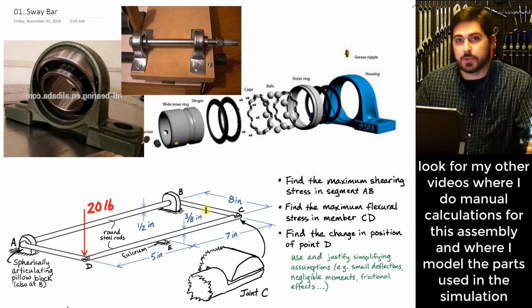And I also have done a lecture where I took this assembly and did hand calculations to figure out those stresses I mentioned, as well as how far this little assembly would deflect under this load of 20 pounds. And so we're going to try to check to see if we can get similar results out of SolidWorks. So let's get into that.